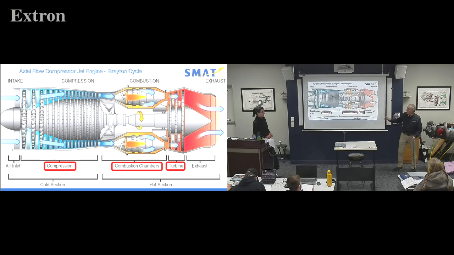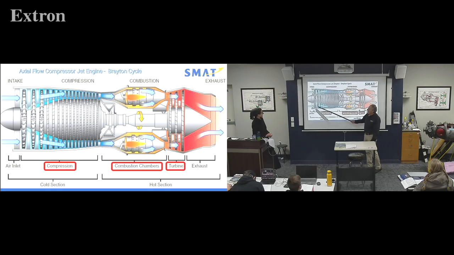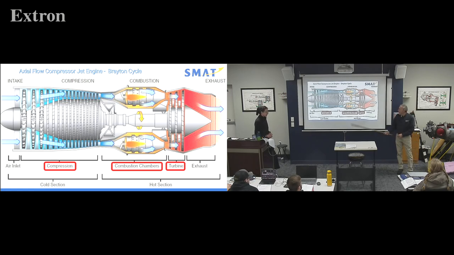We're going to talk about the individual stages of the compressor, rotor stator, and the individual stages of the turbine, stator rotor. It's backwards back here. You'll see how all the pressure and velocity changes through each, even the spacing between each little blade on a turbine disc: convergent ducts back here, divergent ducts up there.